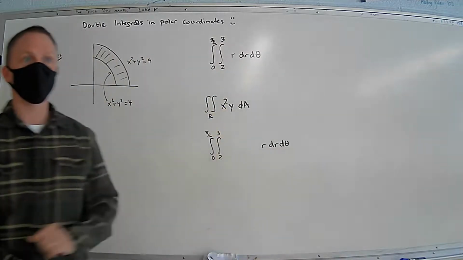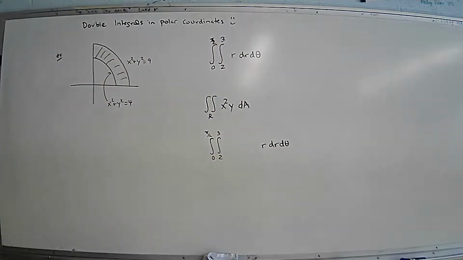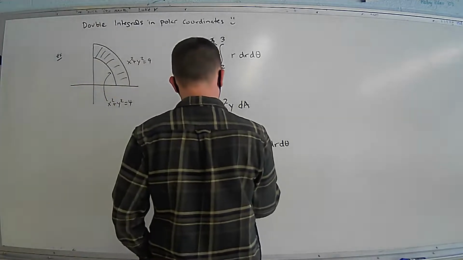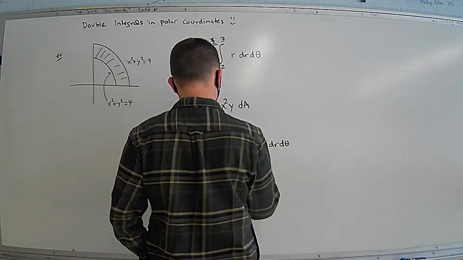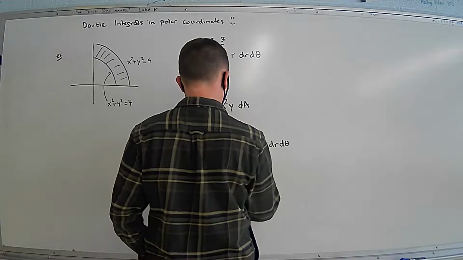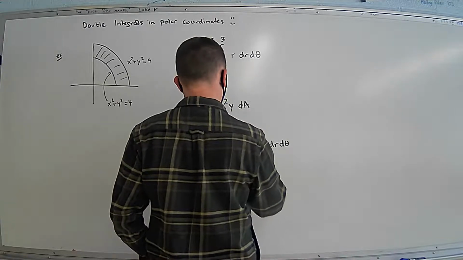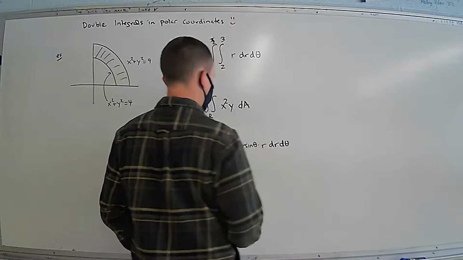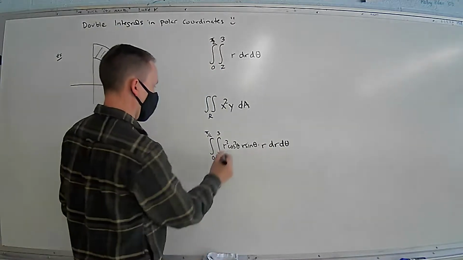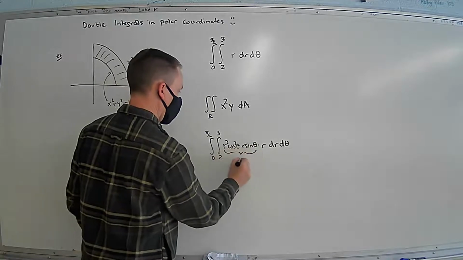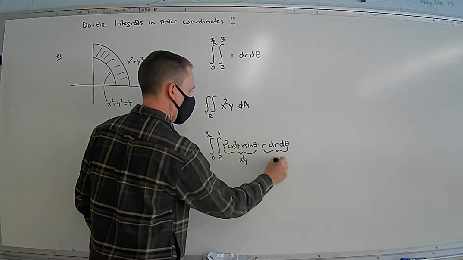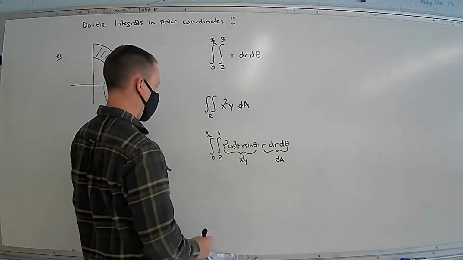The difference is x squared times y. I've got to convert this to polar. So that's r squared cosine squared theta times r sine theta. This piece right here is the x squared times y. That piece right there is the dA.